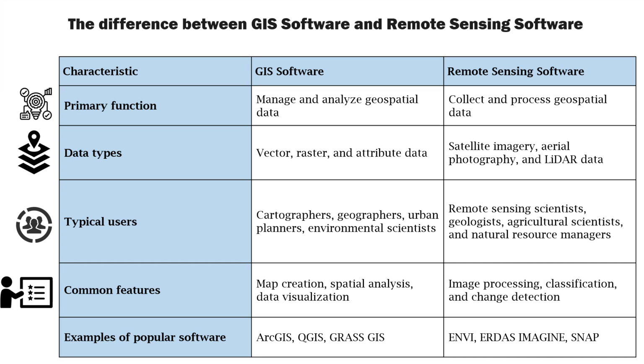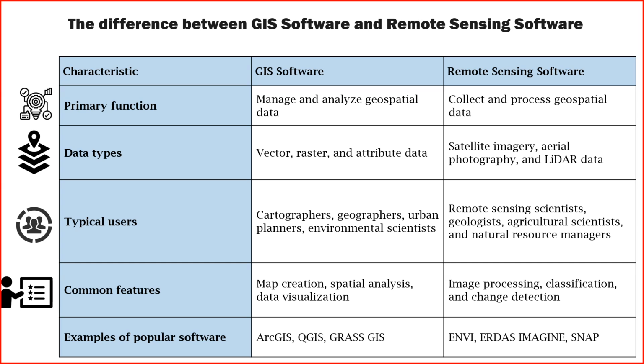So the main primary function in GIS is to manage and analyze the spatial data. What are the spatial data? Spatial data means data you might have collected from a particular space, like the number of medical shops, number of petrol pumps, number of food shops. Those are the spatial data. We can manage, we can analyze this.